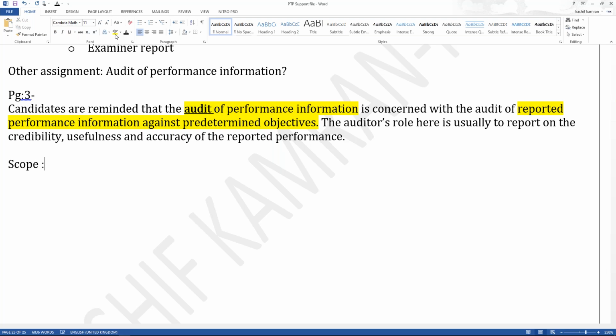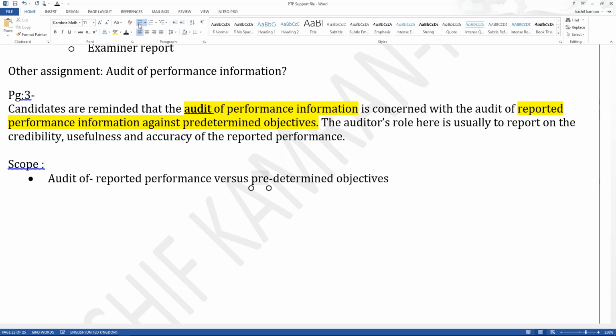Your scope is to do the audit of reported performance versus predetermined objectives, right?